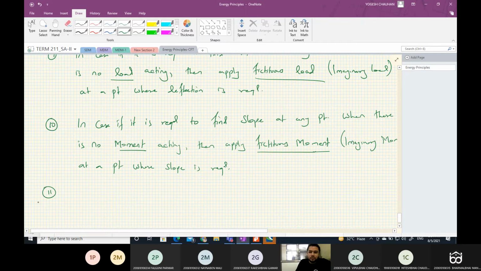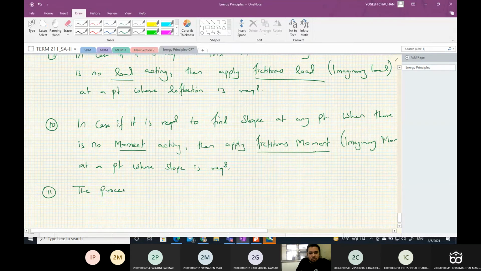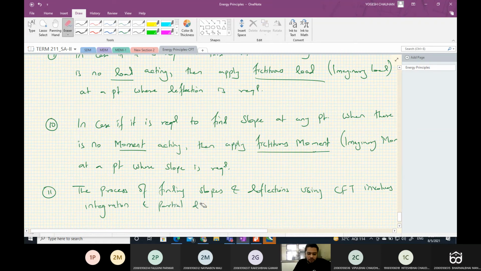11th thing which you should note about this CFT is the process of finding slopes and deflections using Castigliano's first theorem involves integration and partial differentiation.